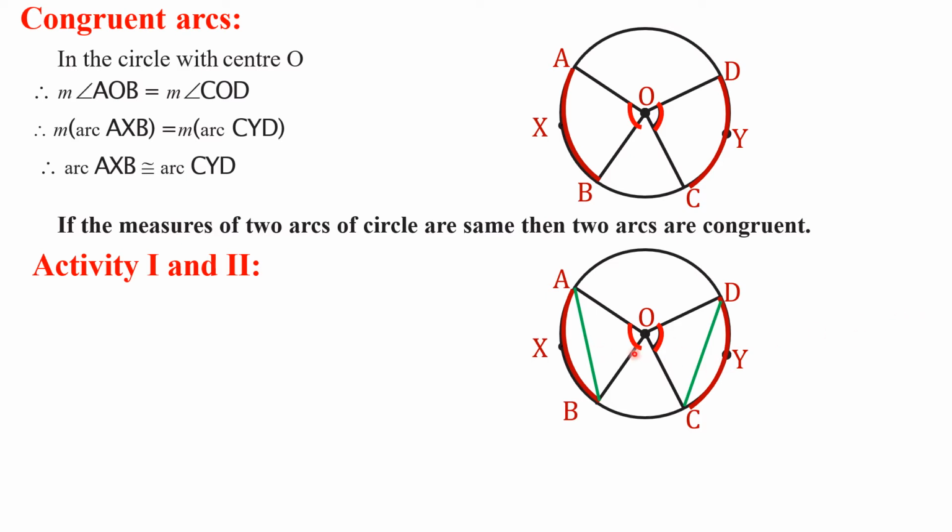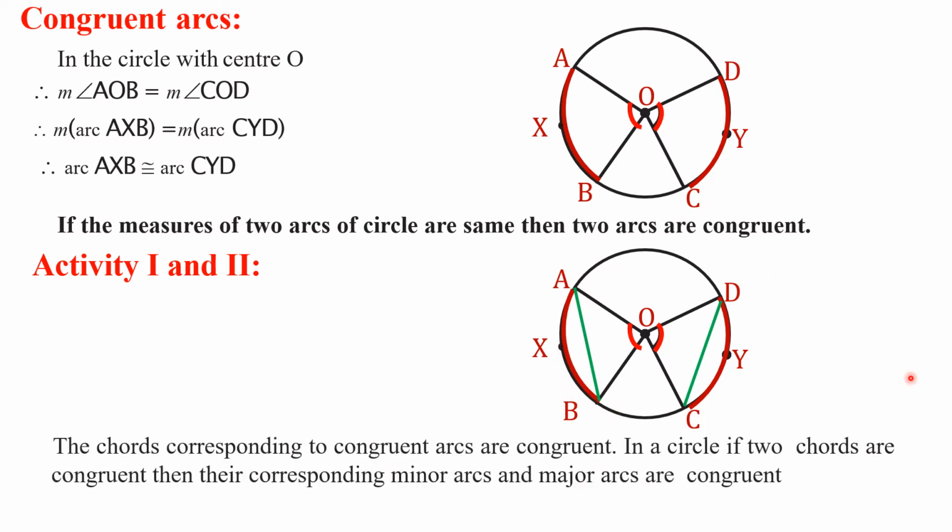Vice versa, when two chords are congruent, then their corresponding arcs are also congruent. So, here we write down: the chords corresponding to congruent arcs are congruent. In a circle, if two chords are congruent, then their corresponding minor arcs and major arcs are congruent.